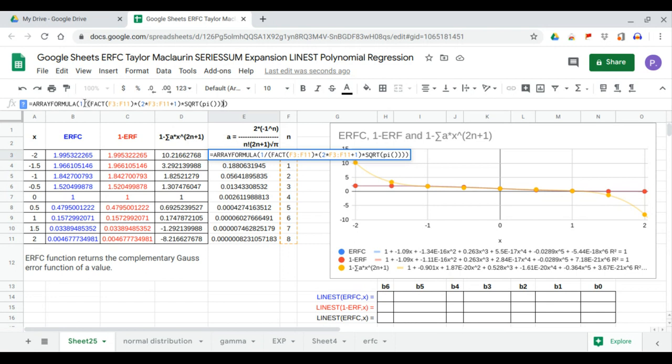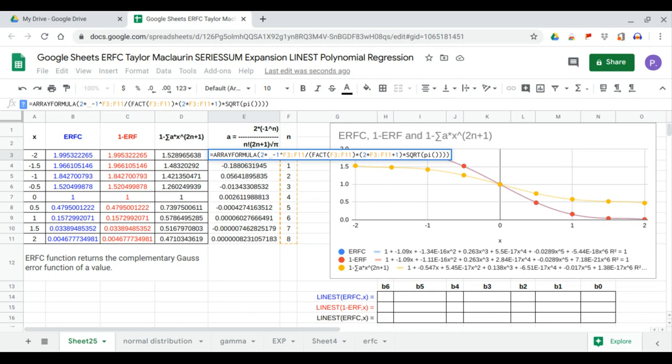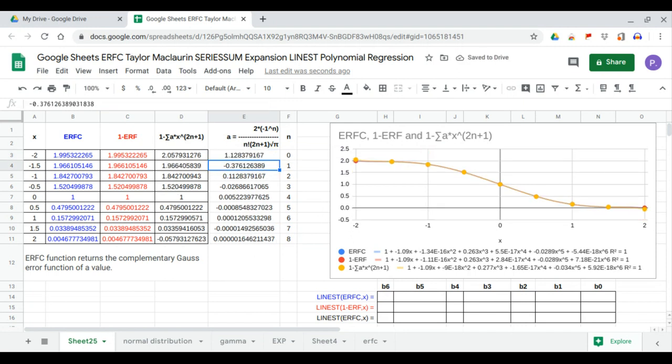Now we can work on the numerator: minus 1 to the power n. We're almost there. We take the last part, that is 2 times. Now we're finally there. So the yellow covers the red and the blue data set.